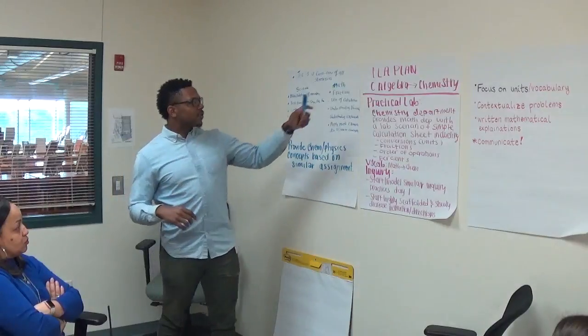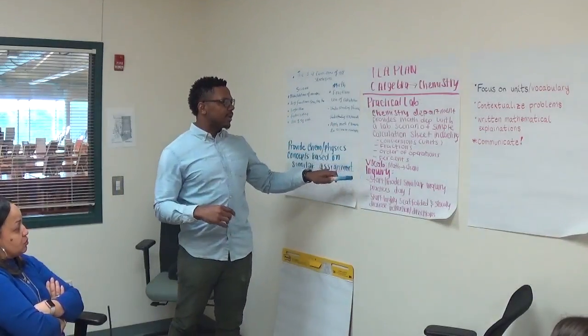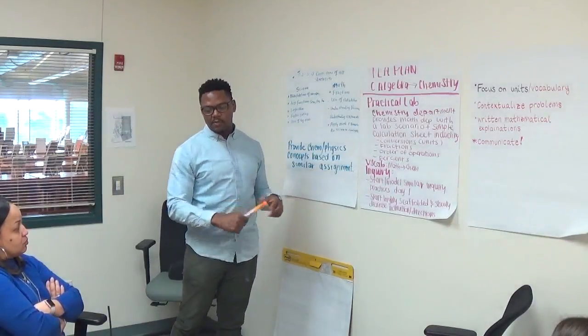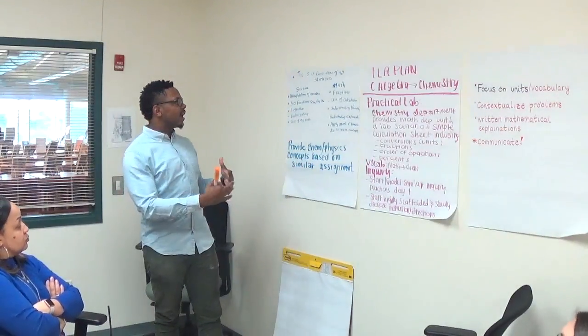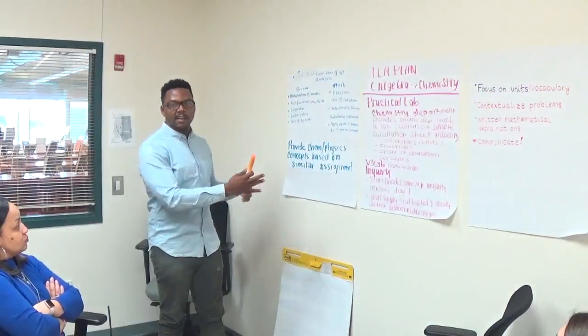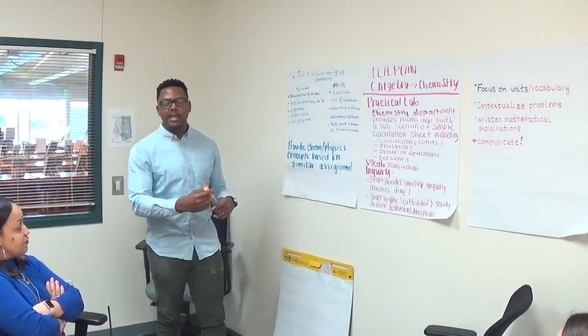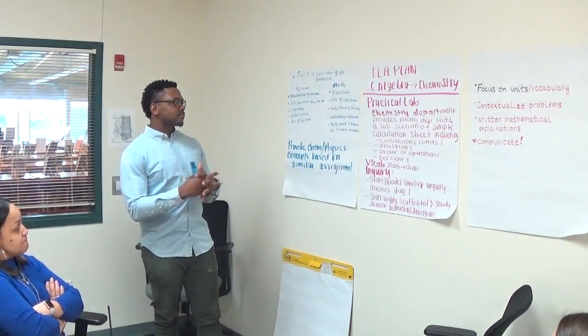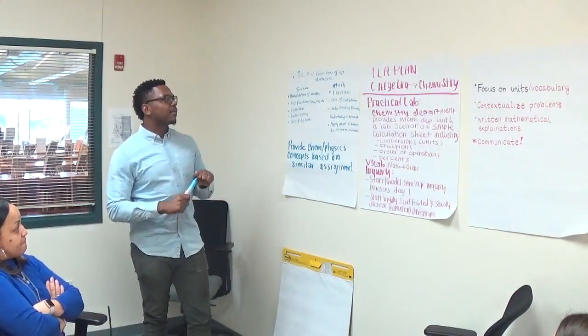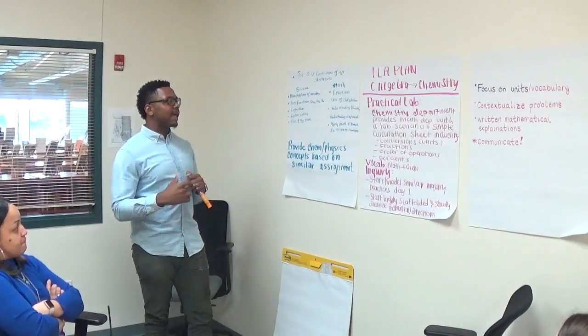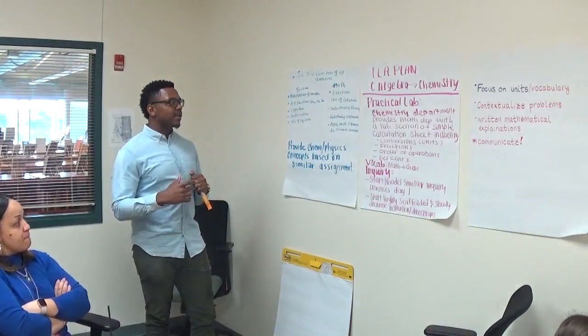The first, we focus on practical lab, inquiry, and then the third one, which wasn't listed, was just vocab. That's something that Dr. Oko mentioned. Just do some of the same stuff, but we term it differently. So just bring some unity there. So practical lab, the chemistry department will provide the math department with a lab scenario and simple calculation sheet.